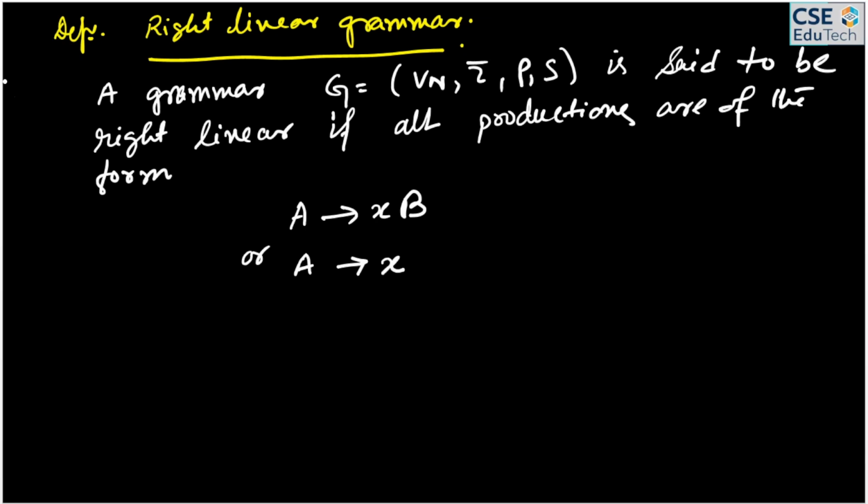Here A and B belong to the variables or non-terminals, and x belongs to terminal star. If the productions are of that form, then we call it right linear. The variable appears on the right.